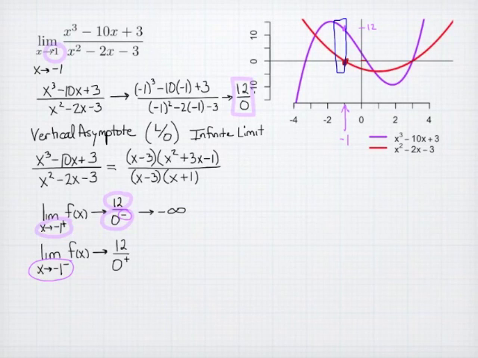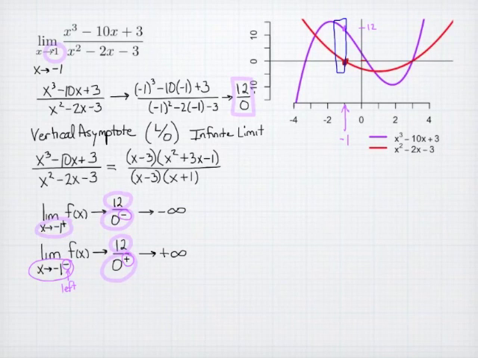We say x is approaching -1 from the left of our function, and we get a limit form where the numerator is getting close to 12, the denominator is getting close to small positive numbers, and so 12 divided by a small positive number is a very large positive number, and our limit will be +infinity.